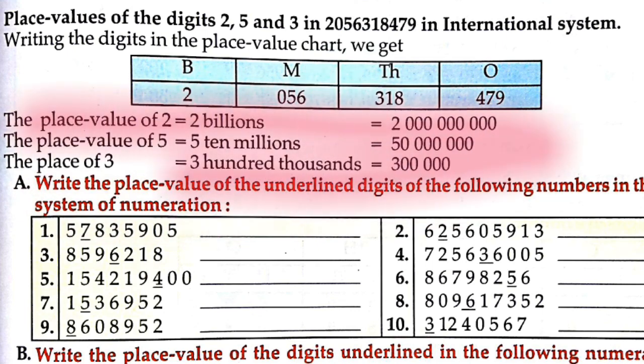In the ones period, the place value of 4 is 400, of 7 is 70, and of 9 is 9. Likewise, you do problems A and B on page number 81.